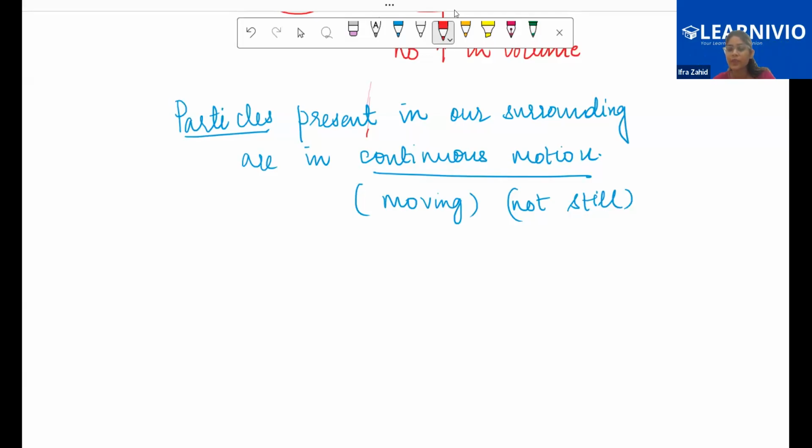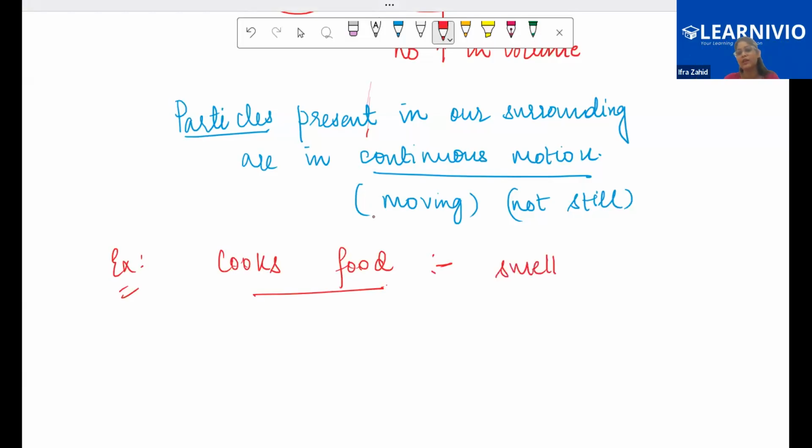Not sure, ma'am. Okay, so we'll take an example. When your mom or your dad cooks food, when the cooking takes place in the house, can you smell it? Yes, we get some sort of smell. Why is it happening?